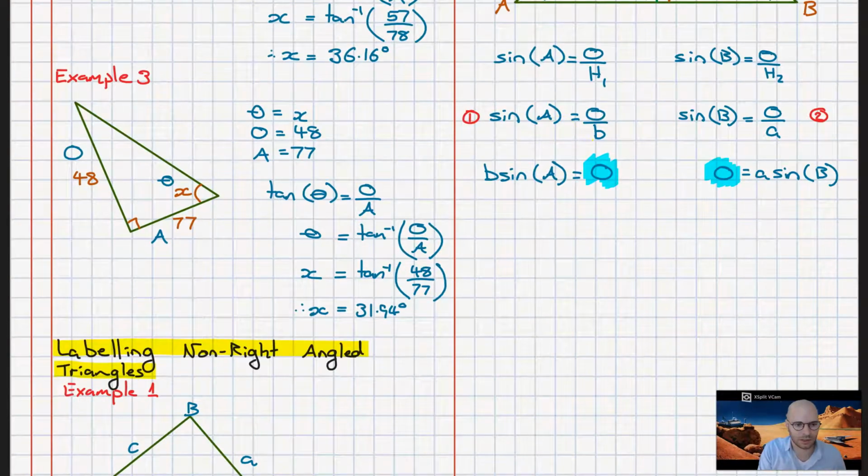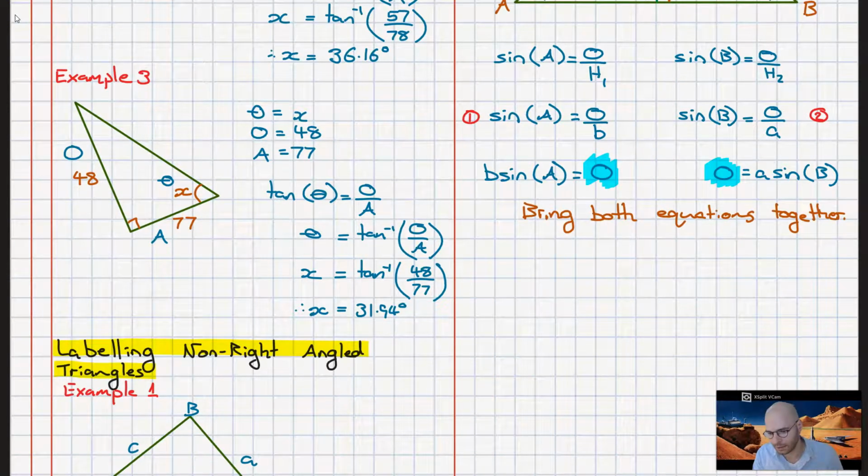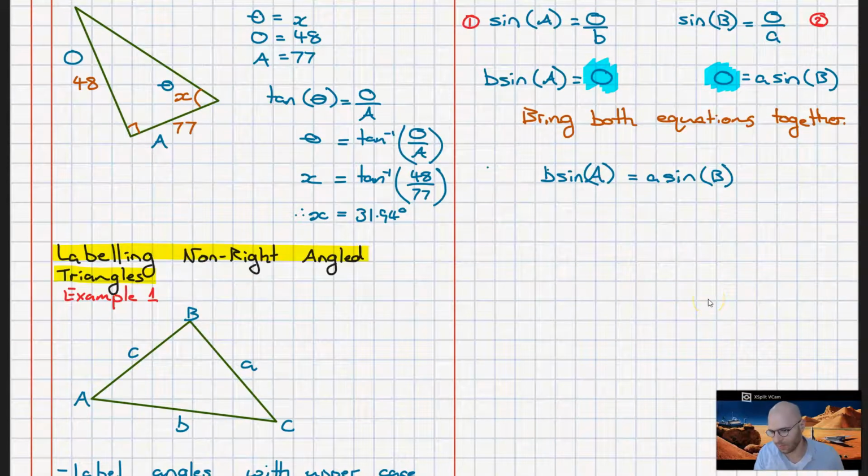So what we can now do is bring them together. What that will look like is b sine A is equal to a sine B. And now rearranging, so we have all of the a's and the b's on different sides, we're going to get sine A over a is equal to sine B over b.